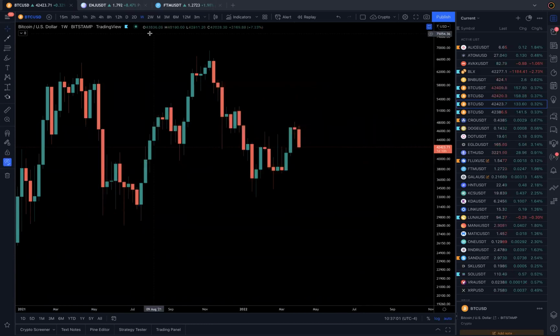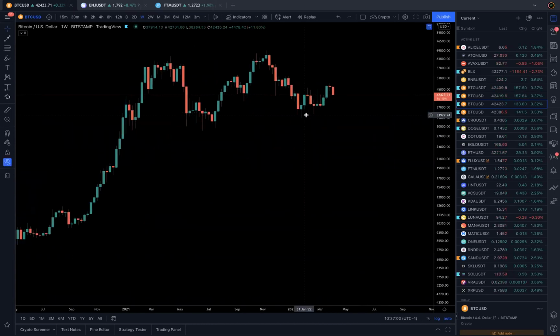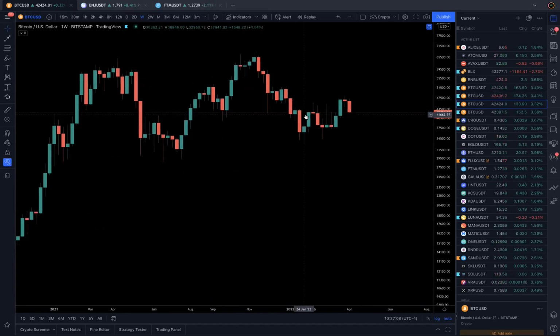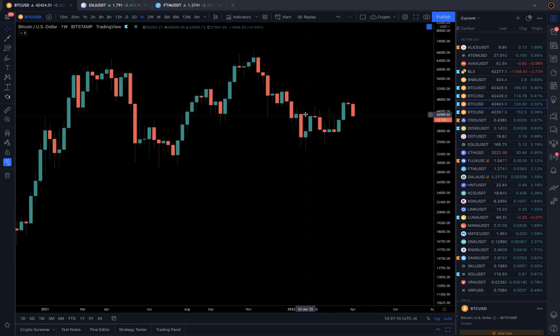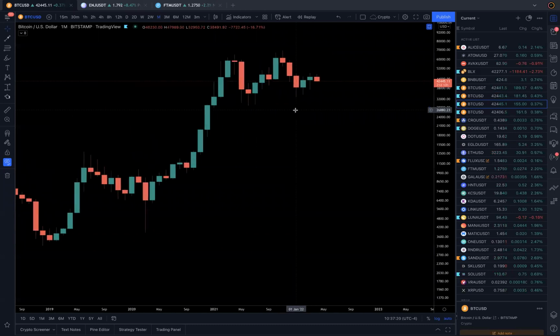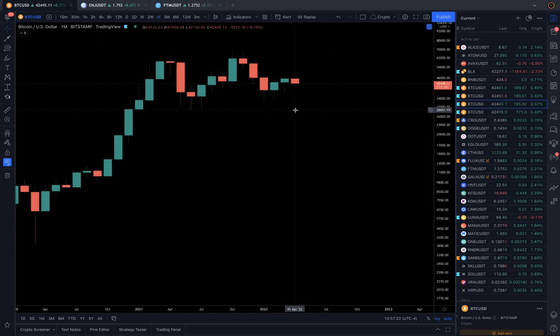Now I'm going to hide all the drawings and show you the chart, because sometimes you have to hide drawings and look at the chart without anything on it. Let's look at it, because we'll be focusing on candles here, on monthly.